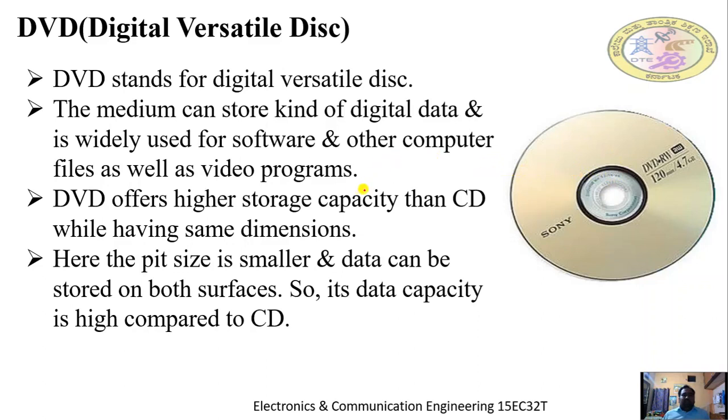So in DVD also the size won't change, it will be the same, but the size of the bit will be smaller. That's why the density is going to increase, as well as the data can be stored both on the top surface as well as on the bottom surface. That's why the capacity is more compared to that of the CD versions.